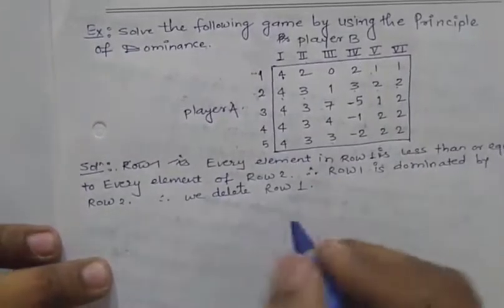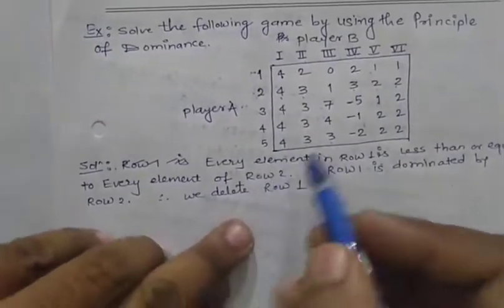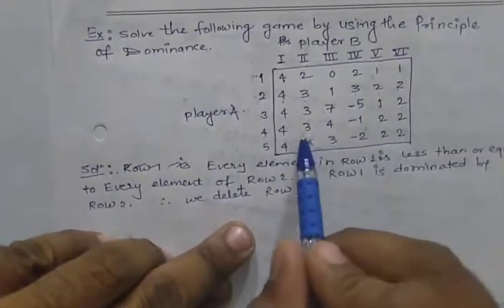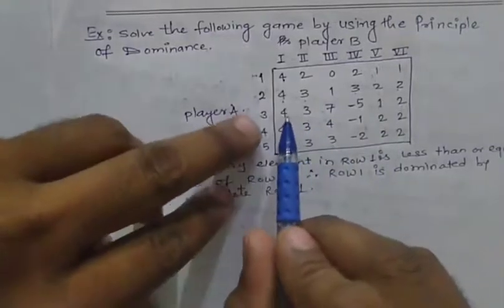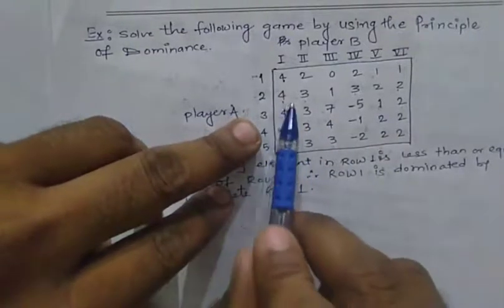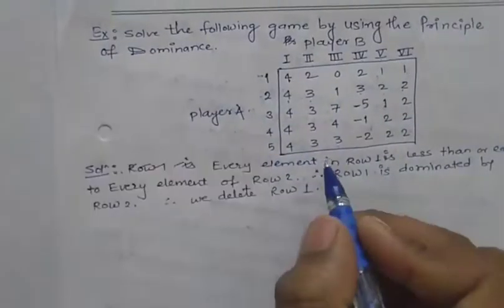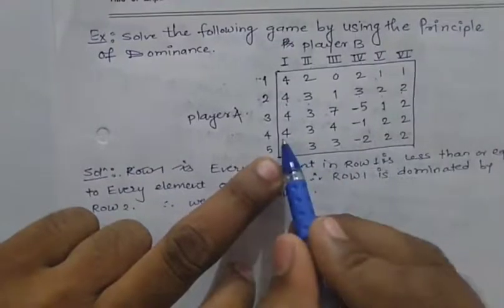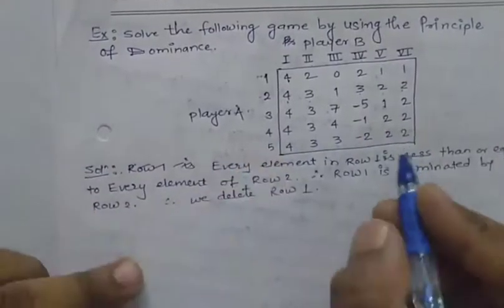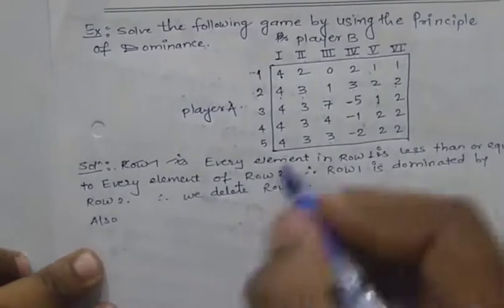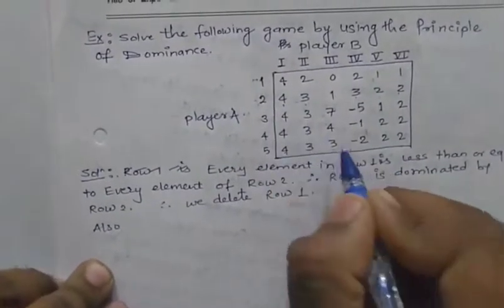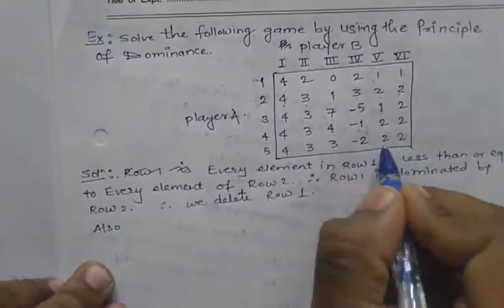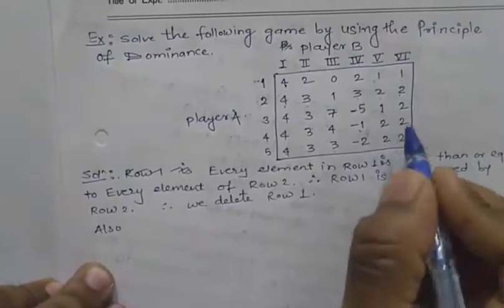Also here, let's see. Every element of row 5 is less than or equal to every element of row 4. So 4 is less than or equal to 4, 3 is less than or equal to 3, 3 is less than or equal to 4, minus 2 is less than or equal to minus 1, 2 is less than or equal to 2, and this 2 is less than or equal to 2.